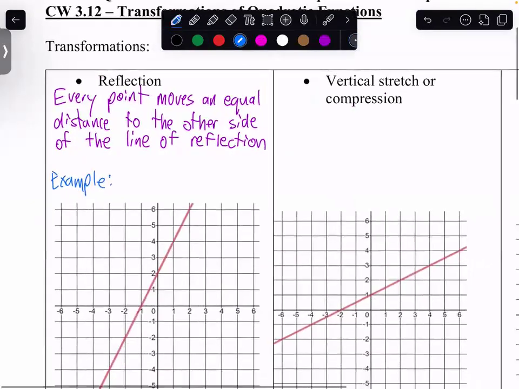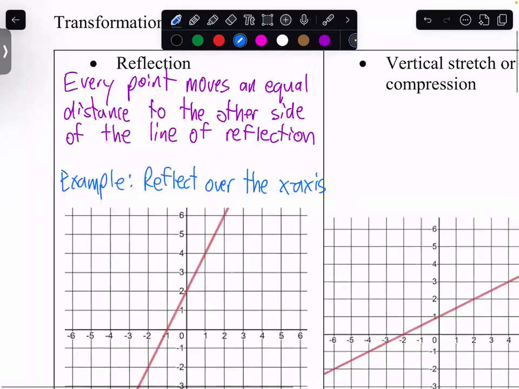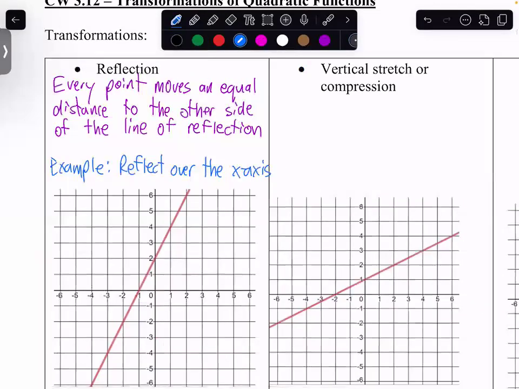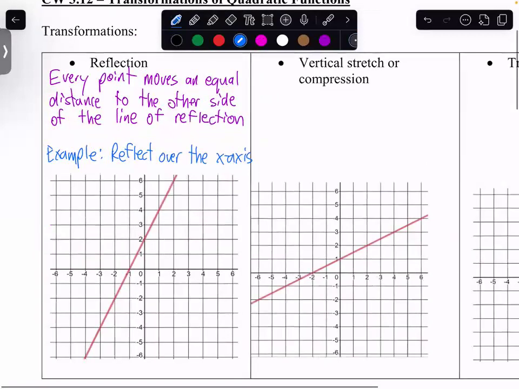Let's say that we're going to take the graph that's given to us and we're going to reflect over the x-axis. So if I'm guessing, you're going to go to positive 4 and down to 6.